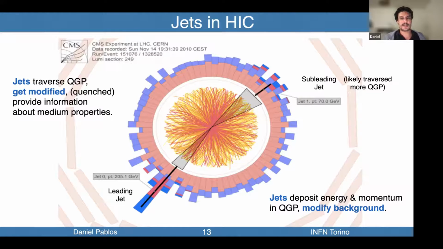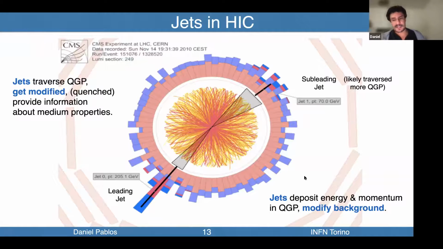present similar phenomenology, which is the degradation of the energy of the partons towards softer modes. Here you see a dijet event in a heavy ion collision. So these jets, as they traverse the QGP, they get modified, they get quenched, so they can provide information about the medium properties.